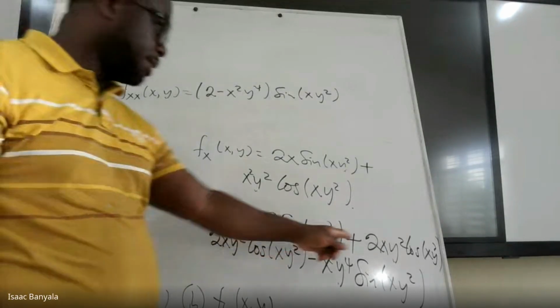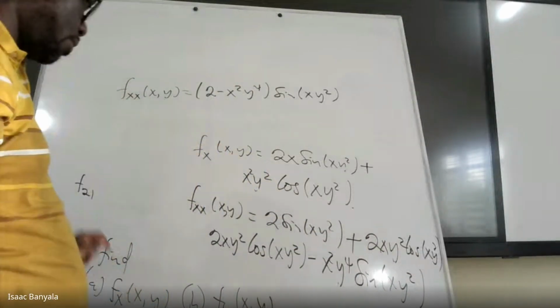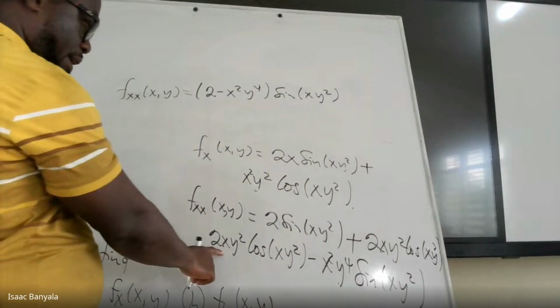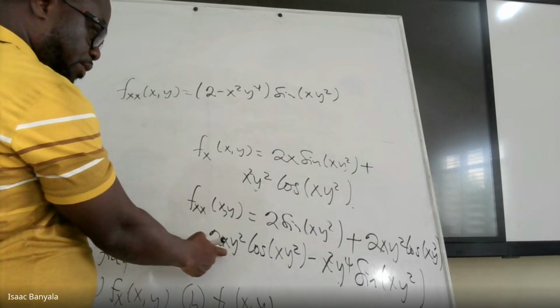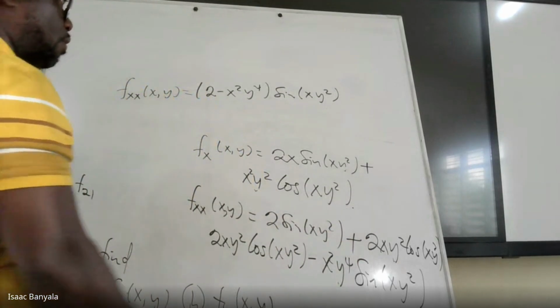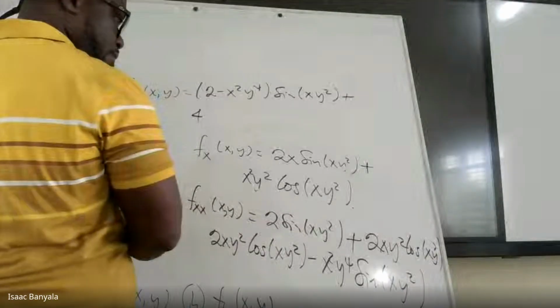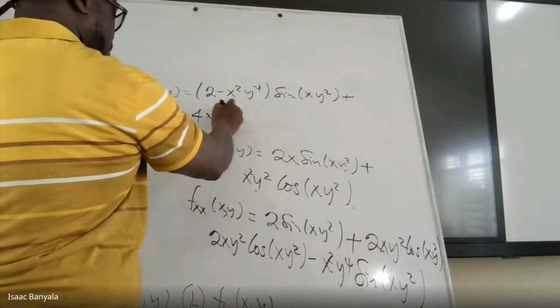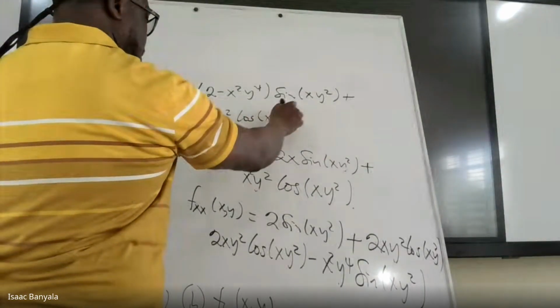Then we come to this and that. See y squared, this one there. They are also the same. This is 2, and that is 2. So that gives us 4. So plus 4 x y squared plus x.